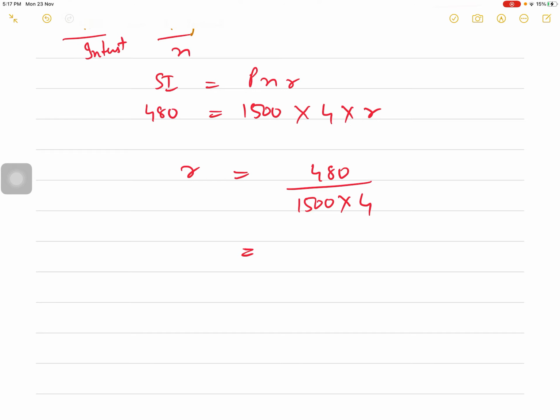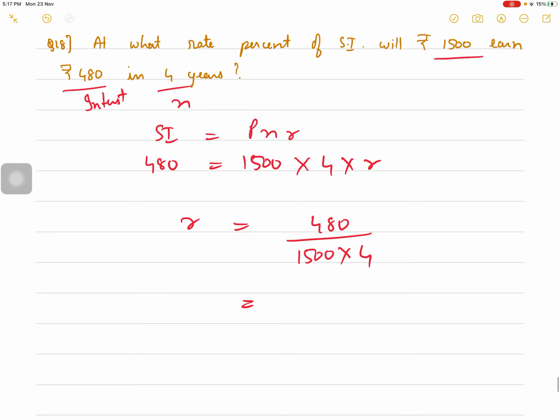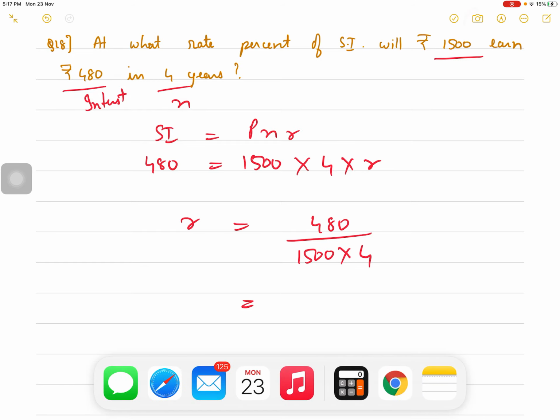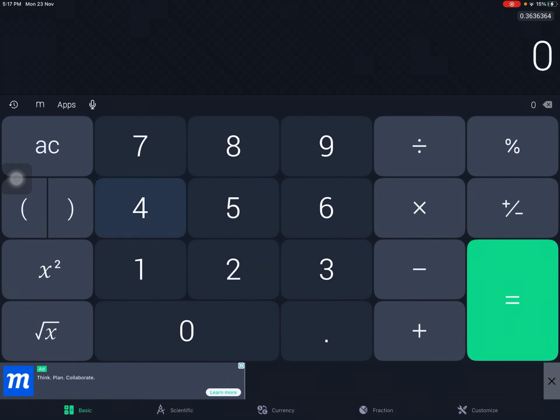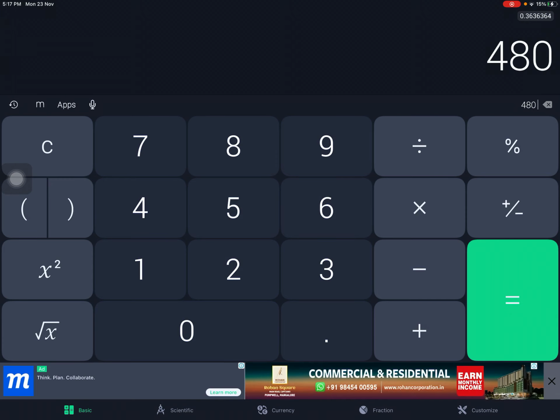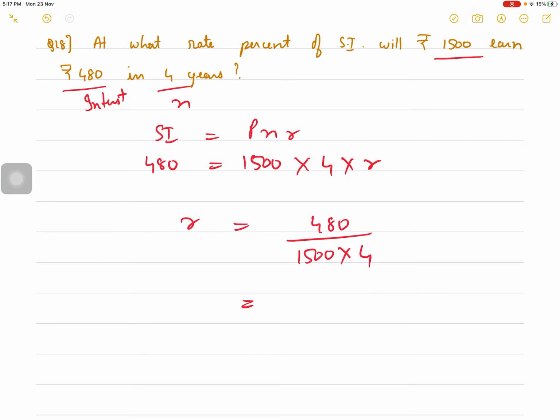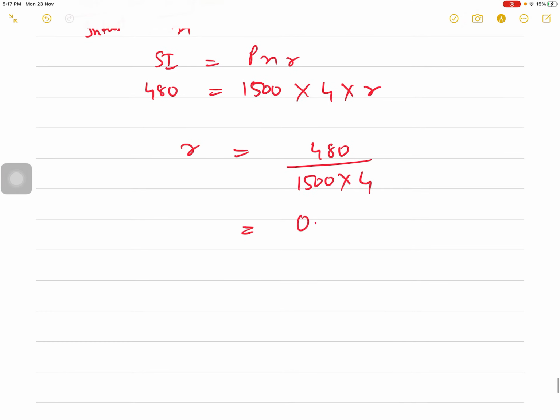So calculate this. I think this comes to 8%. Let's check. 480 divided by 1500 divided by 4. So 0.08 or 8%.